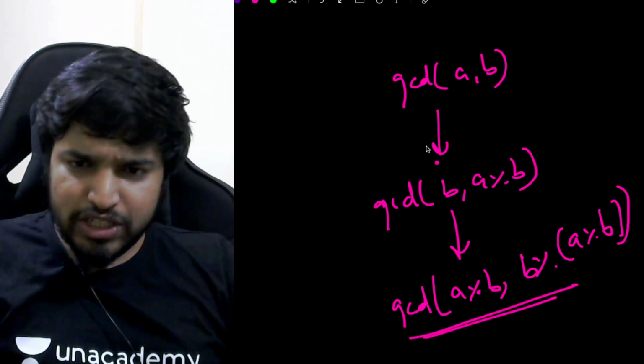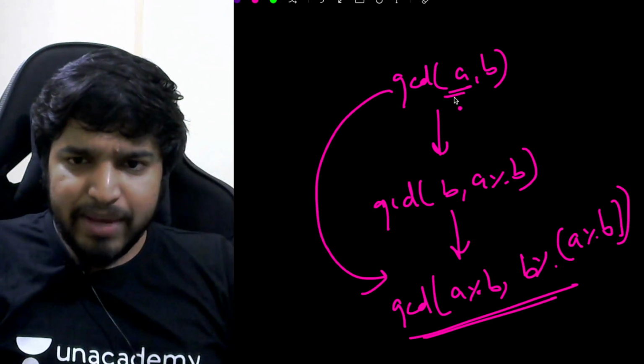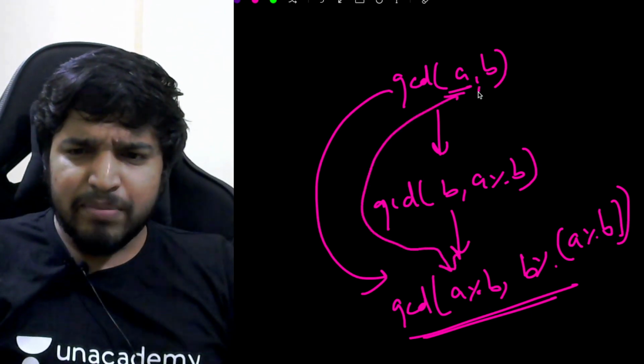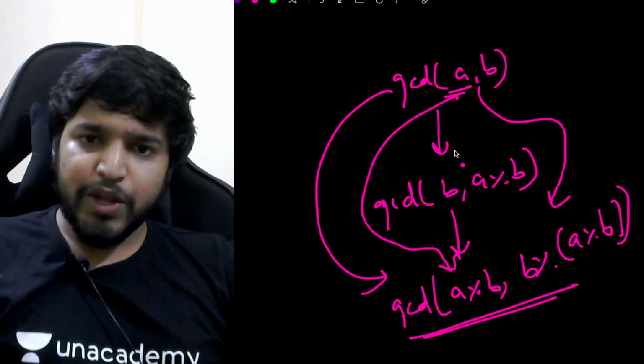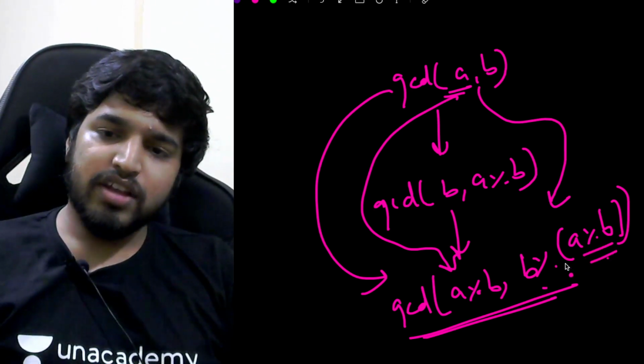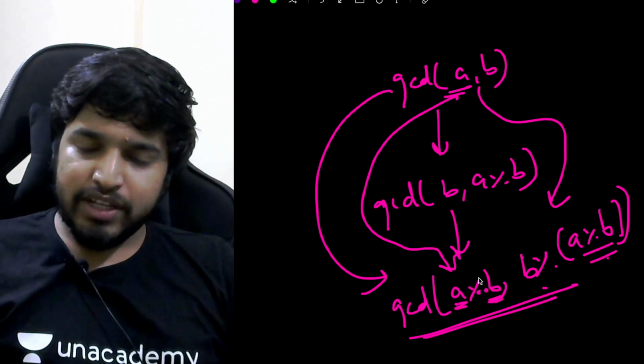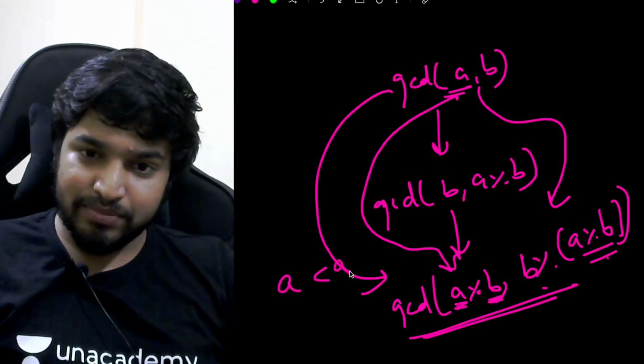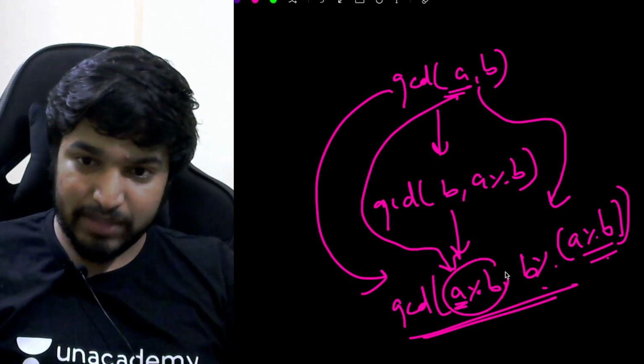Fine. Now just look from here to here. A became A modulo B. B became B modulo something, B modulo A modulo B. We know that A is greater than B. So A became something which is less than A by 2. This part became less than A by 2.